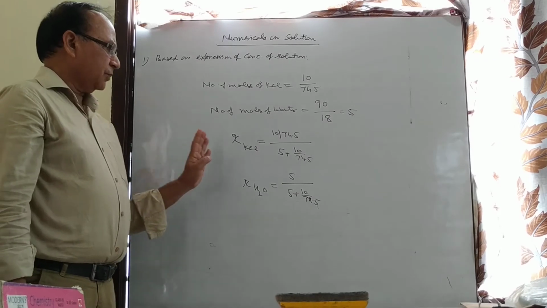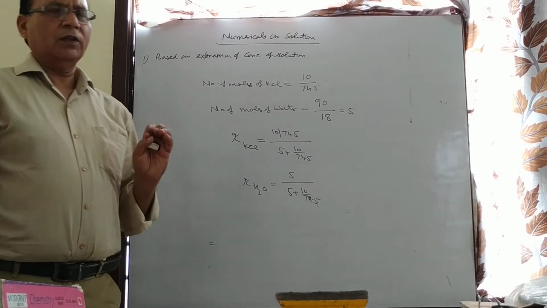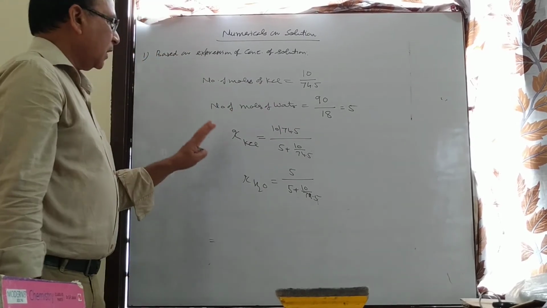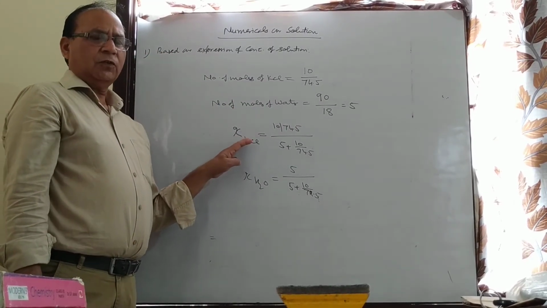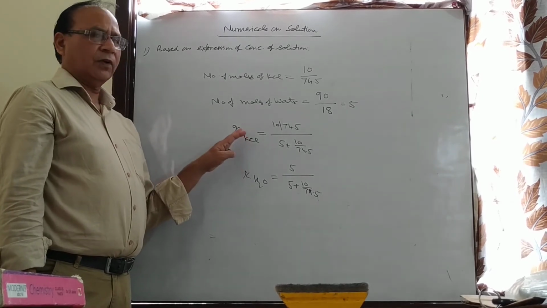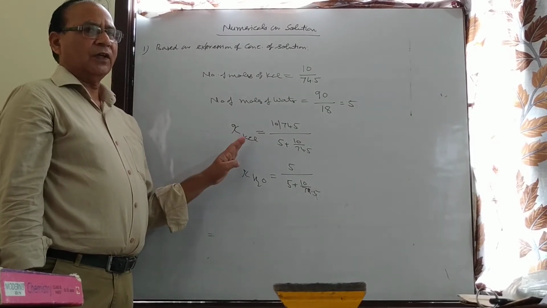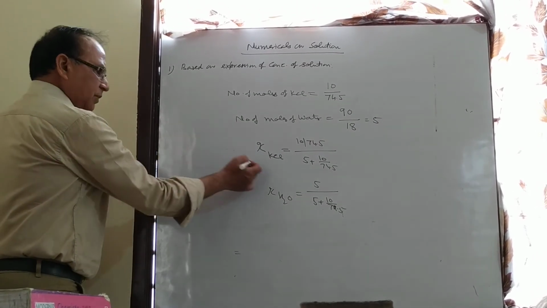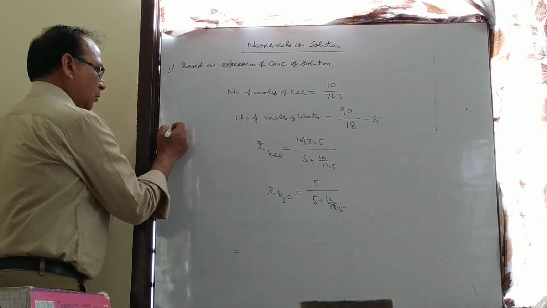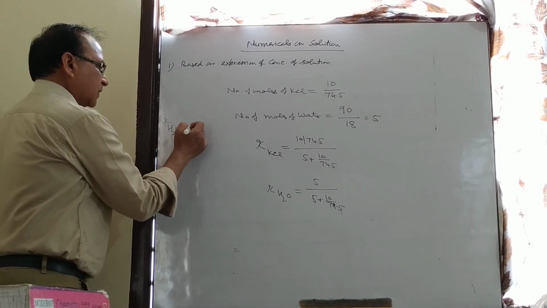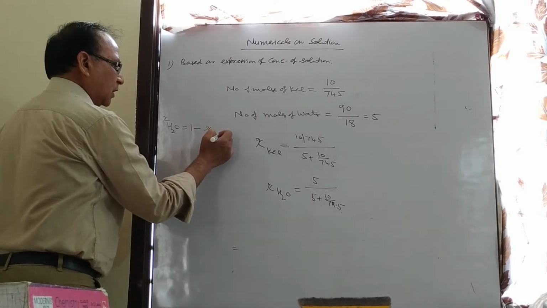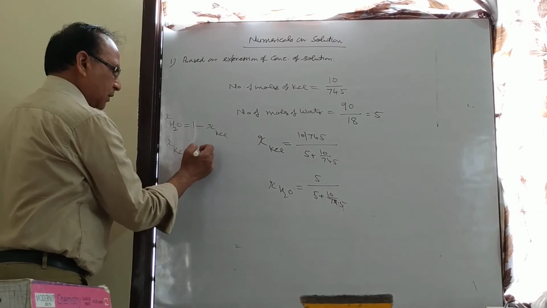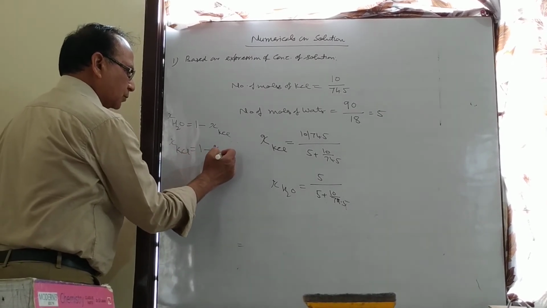As already we have discussed, the total mole fraction of all the components in a solution is always equal to 1. So in this case there are only two components. So if we have calculated mole fraction of one component, the second component's mole fraction can be calculated directly. How? By using the formula. Take this case: we had to find the mole fraction of H2O, so the mole fraction of H2O is 1 minus mole fraction of KCl. And if you want to find KCl, in this case it is 1 minus mole fraction of H2O.